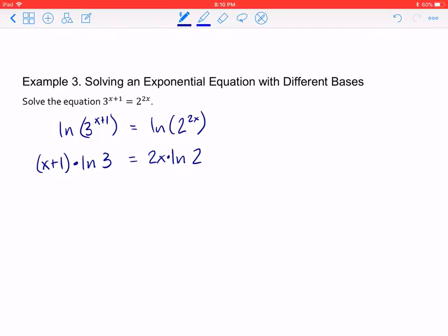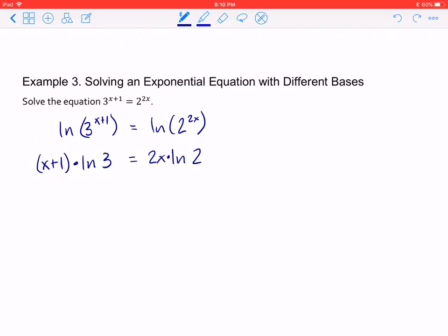Here's where it gets a little bit tricky. Notice that I have an x over here and an x over here, and they're both being multiplied by the ln's. So what I'm going to do is expand everything, get the x's together, and then factor it back out.